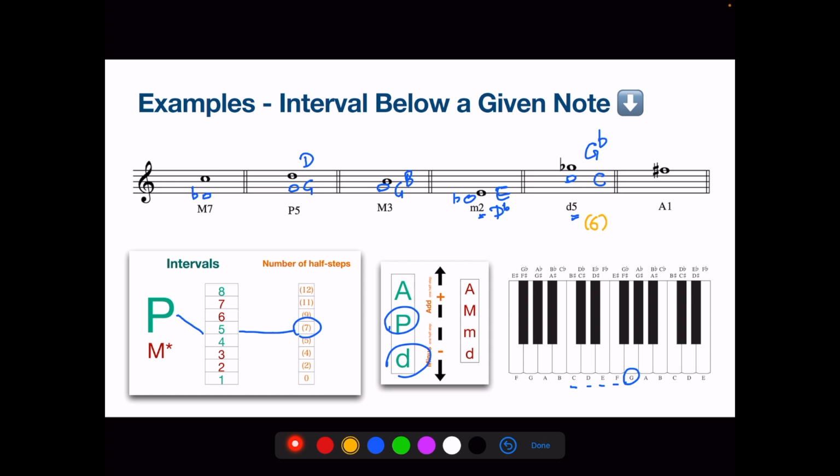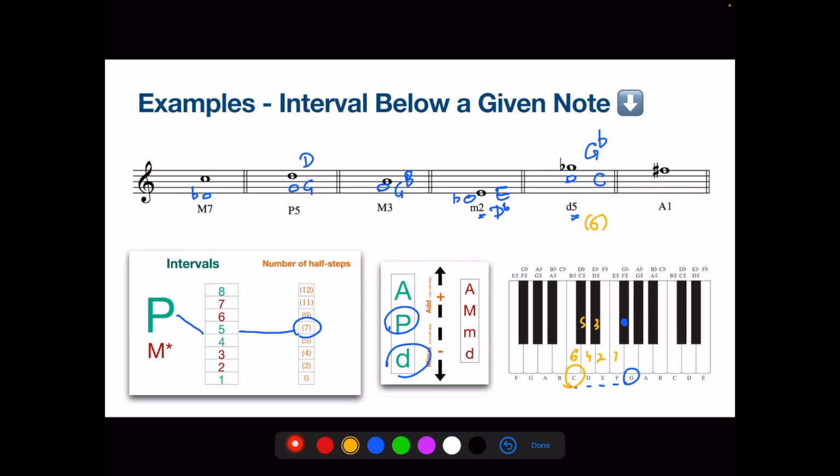Okay, so all we have to do once again is start from the G flat, which is here, and count down 6 half steps from here. 1, 2, 3, 4, 5, 6. All right, I think you got lucky again, because what we already found, G flat to C, that's already the answer. So that is the interval of a diminished fifth.